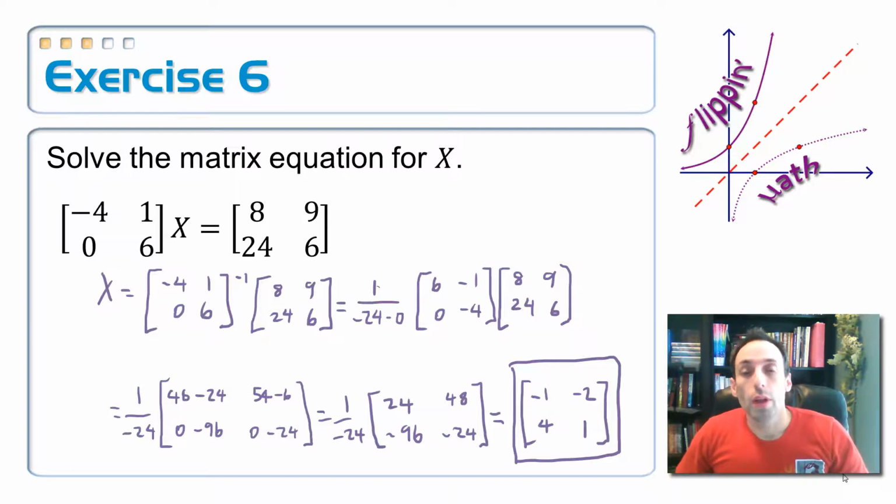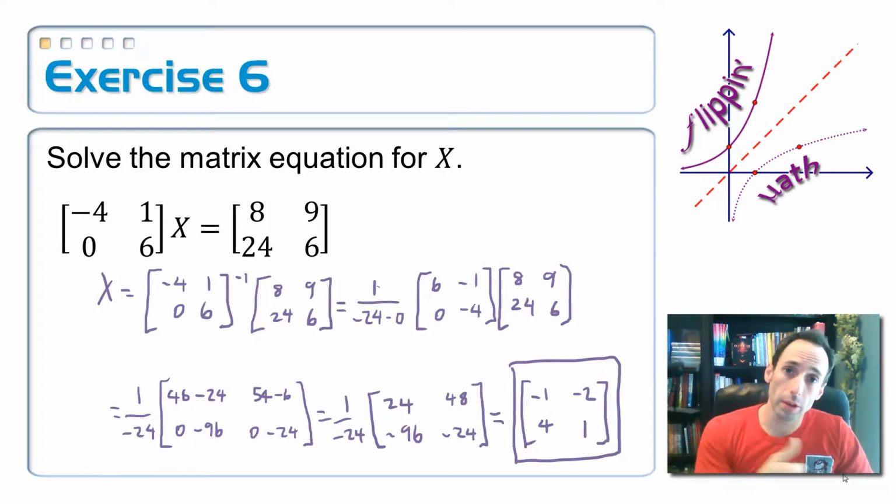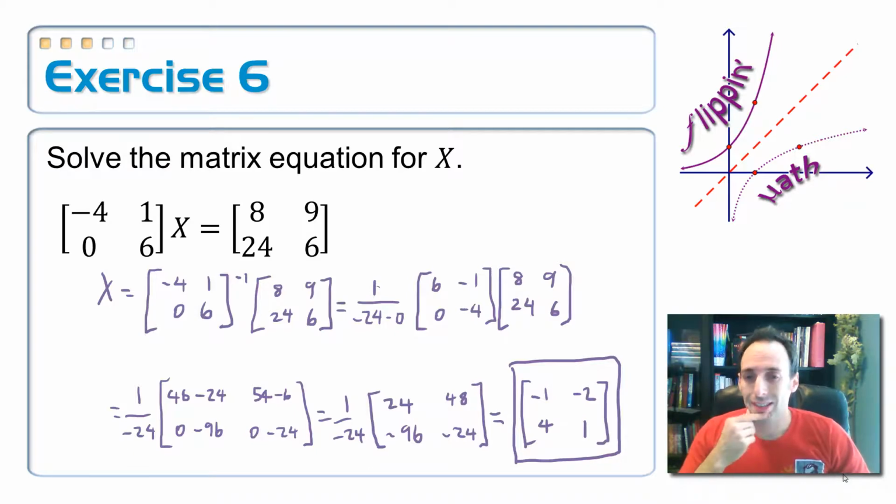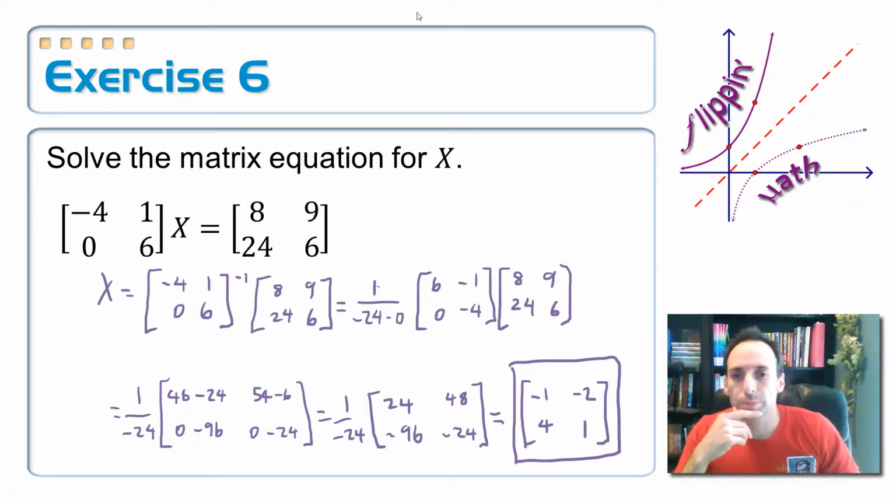Now I'm going to point something out that might help you. We're going to talk about it a little more in the next video or the next objective. When I went to find the determinant, which is what I have to divide everything inside the inverse matrix by, I get 1 over negative 24.